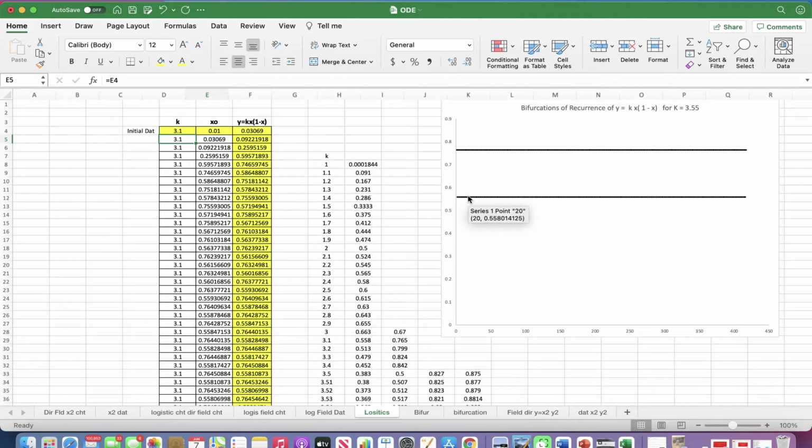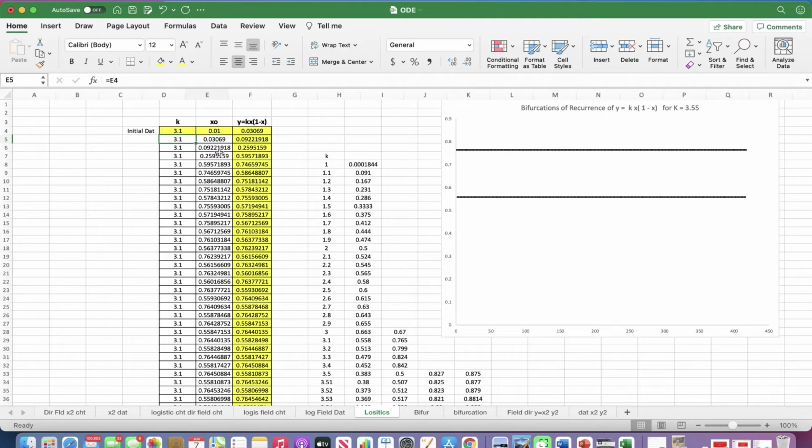And the two values are about 0.56 and 0.77, something like that. It's close to that. So let's take a look. This was 3.1. Yes, it's bifurcating between 0.56 and 0.77.